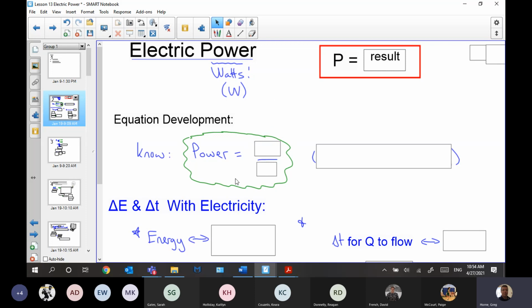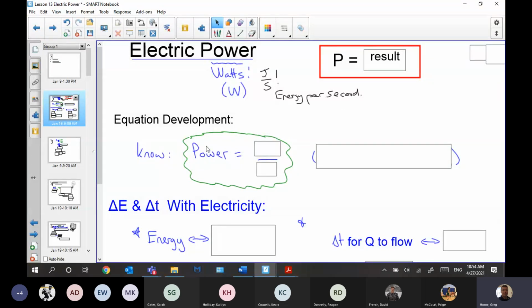It's energy per time. So I want to add that in here. So it's watts for sure, but you might remember that that was joules, energy per second. So if you have a light bulb that's a higher wattage bulb, it's using more energy per second. Makes sense, right?